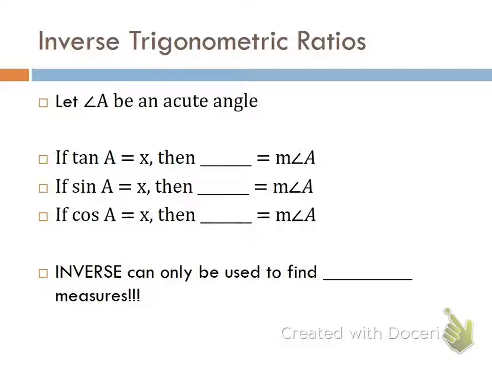So if we let angle A be an acute angle, if the tangent of angle A is equal to x, then the inverse tangent of x gives us the measure of angle A. Similarly, if the sine of angle A is equal to x, then the inverse sine of x is equal to the measure of angle A. If the cosine of angle A is equal to x, then the inverse cosine of x is equal to the measure of angle A. Inverse can only be used to find angle measures.